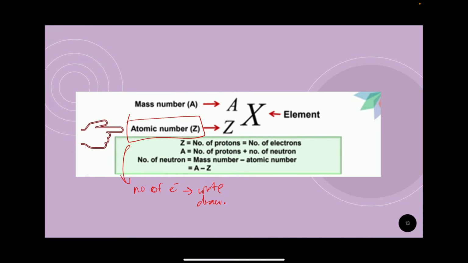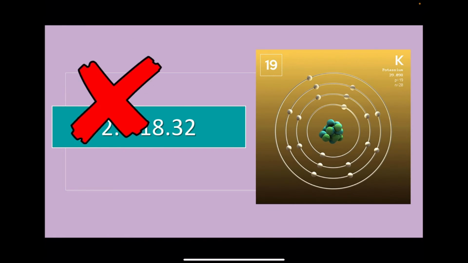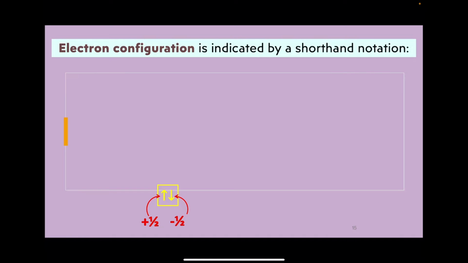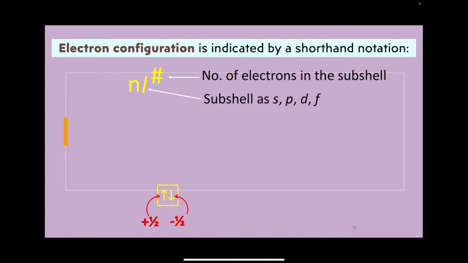Okay, number of electrons, and then from the number of electrons you can write down or draw the orbital diagram. Based on your SPM level, I think kamu kena ajar cara untuk draw ataupun tulis the orbital diagram or electron configuration based on the number notation 2, 8, 18, 32. But based on your level right now, ini tidak digunakan lagi. Okay, so untuk electron configuration kita boleh lukis berdasarkan the shorthand notation.